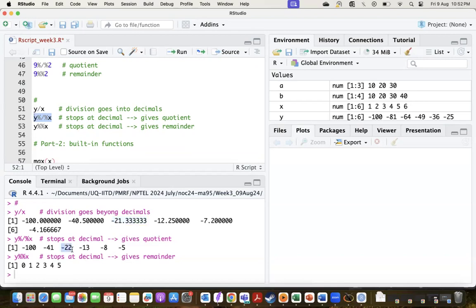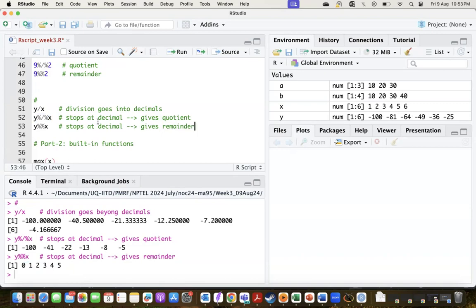So minus 22 is my quotient, or it's not really the quotient, it's the highest integer less than the actual calculation. And in this case, since it's a negative value, it gives me the actual divisor as the remainder. Does this make sense, or is it still confusing?